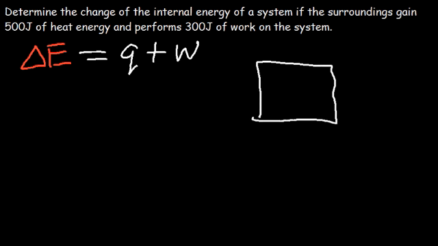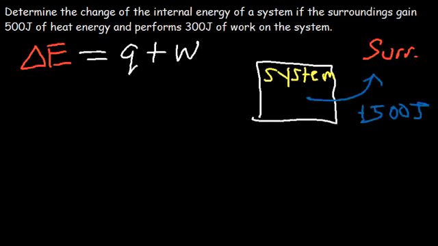The system is inside the box, and the surroundings is basically outside the box. So the surroundings gained 500 joules of heat energy. That means Q for the system is negative 500 joules because it lost it to the surroundings.